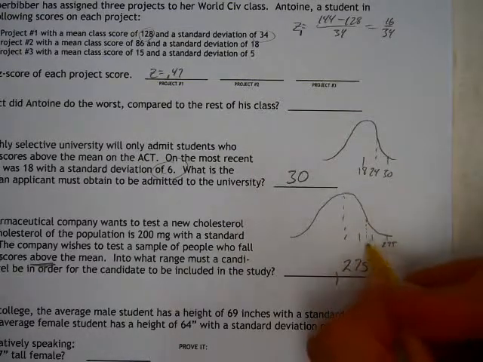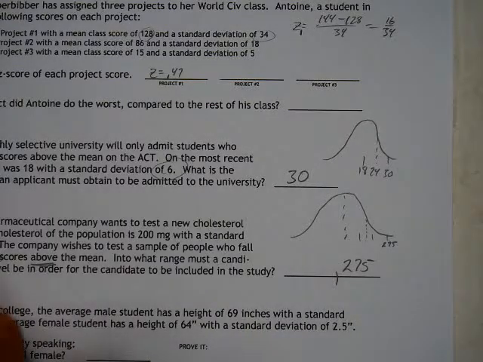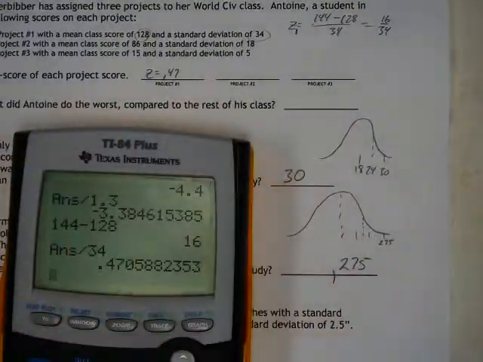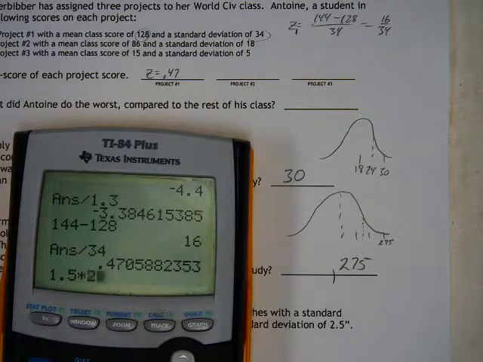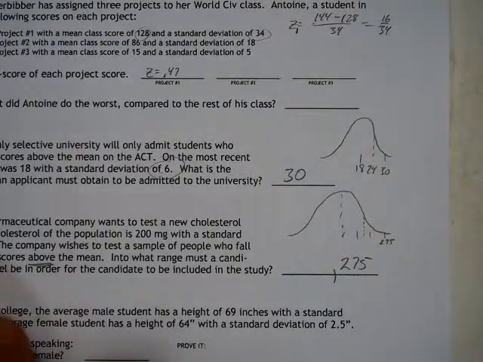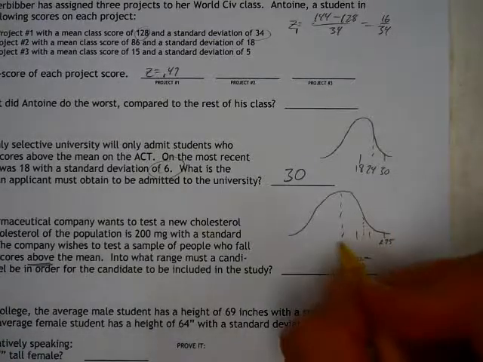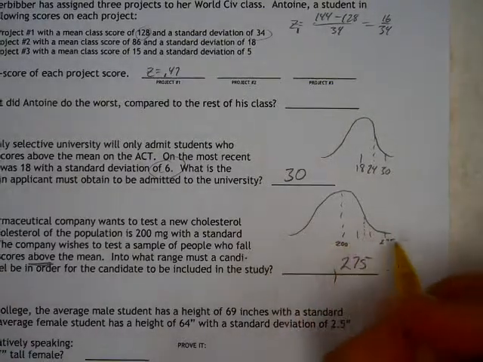We've got to find out what that value is right there. Okay, so what I'm doing is I'm taking 1.5 of 25. Okay, so 1.5 times 25 gives me 37.5. So 37.5 milligrams, and I took the 25 and multiplied it by 1.5. 25 milligrams above 200 is what I'm looking at.